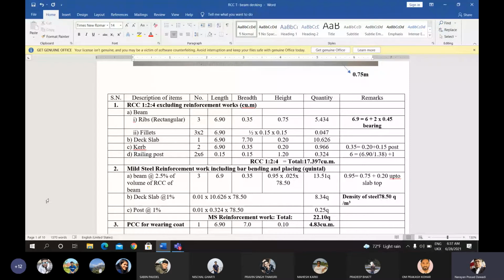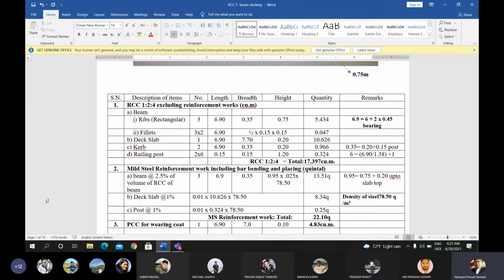That is multiplied by the percentage of the steel reinforcement. This volume is multiplied by the percentage of the steel reinforcement, 2.5%. If you divide by 100, you will get the value of 0.025. Okay, and that 0.025 is multiplied by the density of steel, taken as 78.50 quintal per meter cube volume.